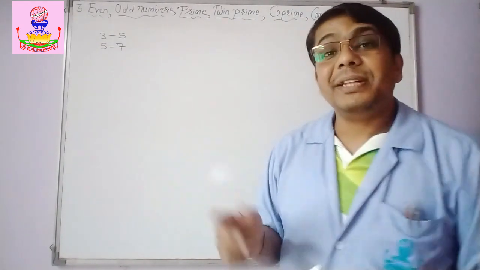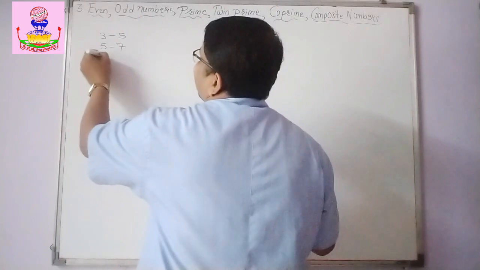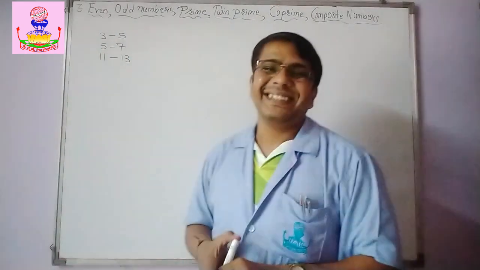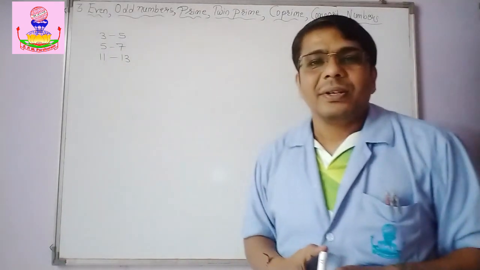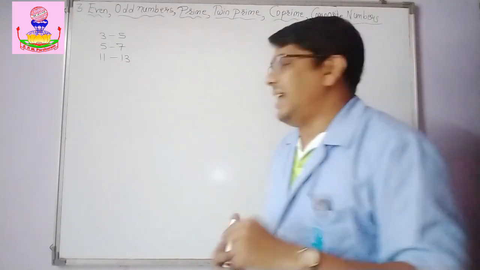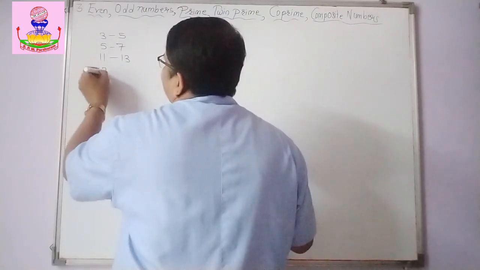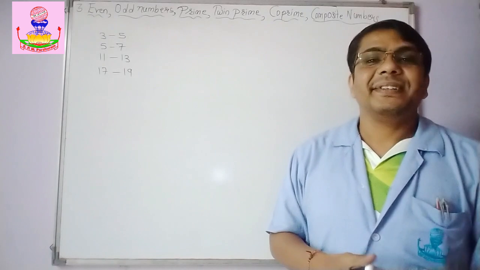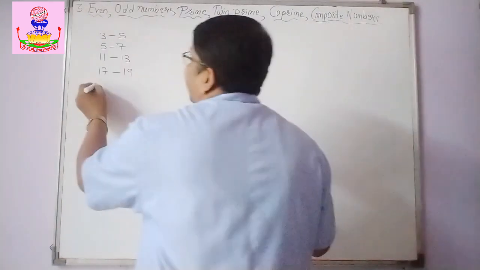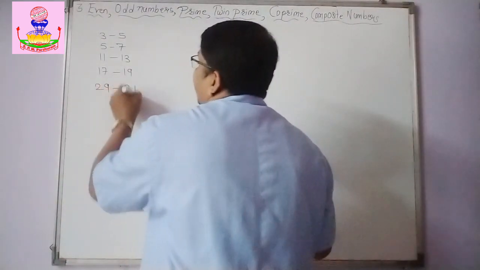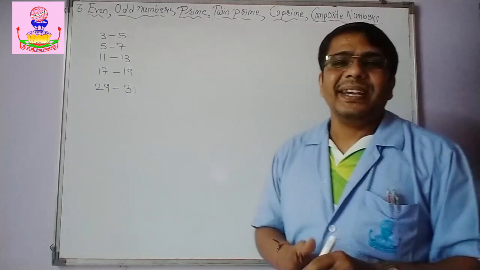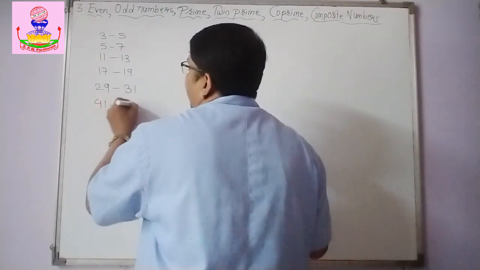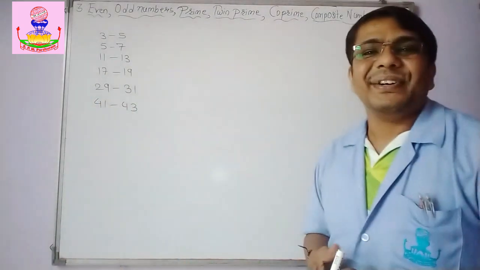Now 11 and 13, right? Yes, exactly. 11 and 13. Then 17 and 19, right? Then 29 and 31, okay? Then 41 and 43, okay?